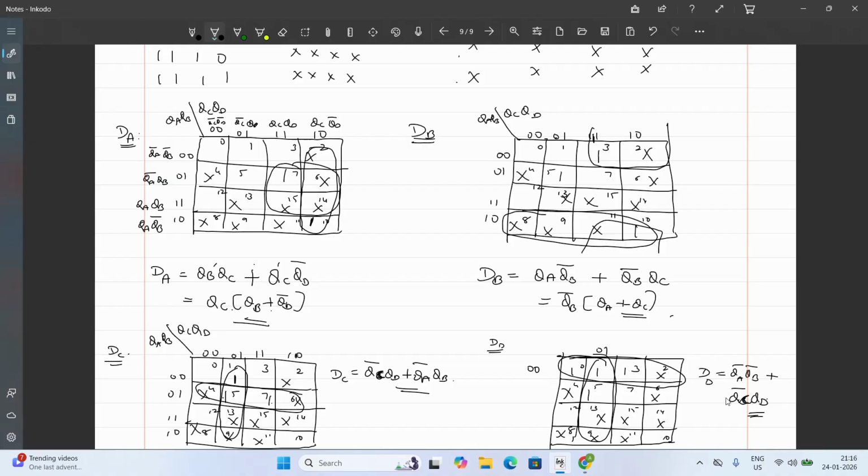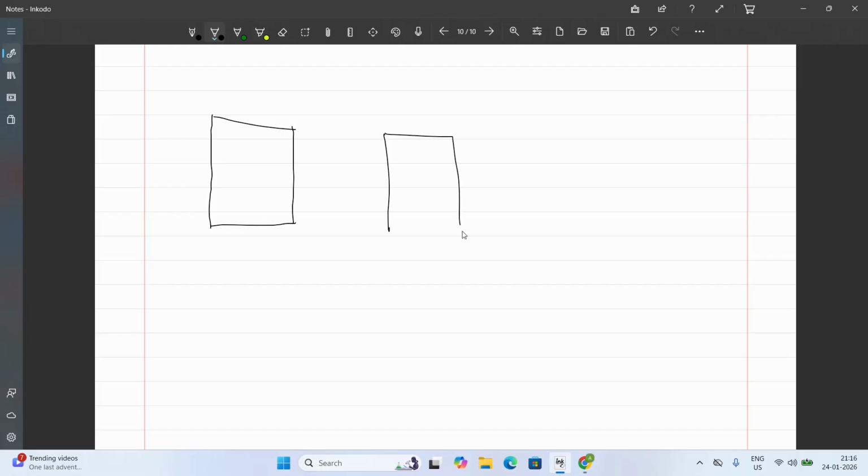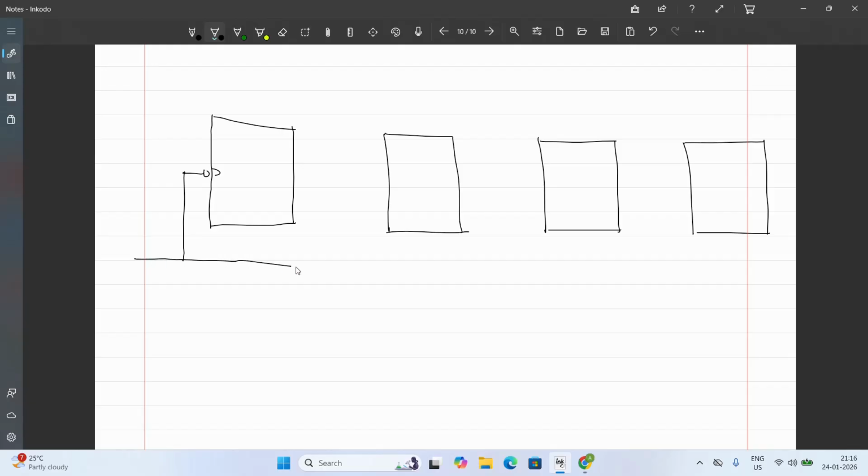So all you have to do is just draw the circuit for these four equations. So four D flip-flops will be there. And as usual, take all the clock inputs, short it, and give a common clock.